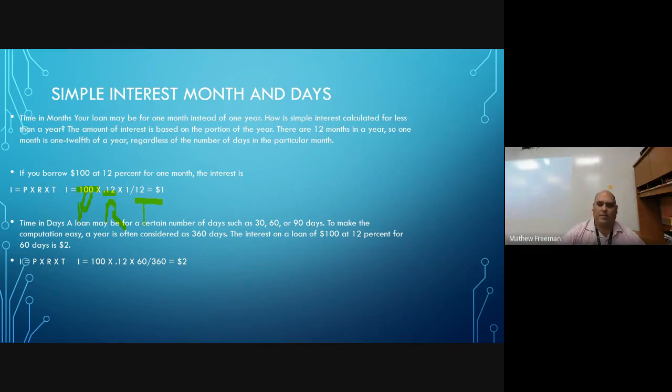Now let's do an example where you're doing a net 30, taking a loan out for 30 days, 60 days, or 90 days. How do you figure out how much interest you're going to be charged for that period of time? Exact same thing, except instead of months, you put down days. There are 360 days in a year, and you determine how many days it is. In this example, it's 60 days.